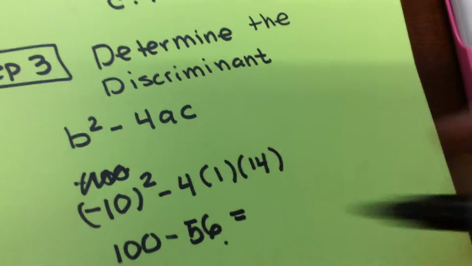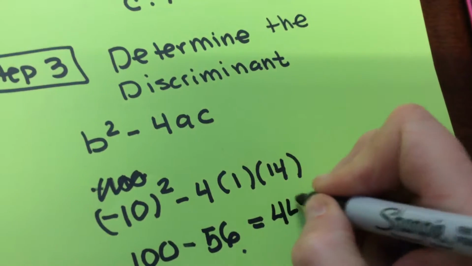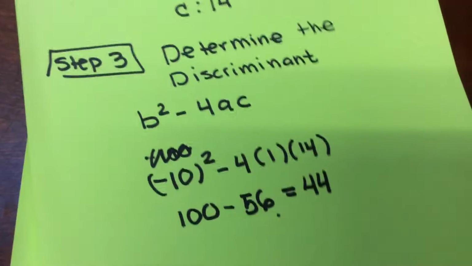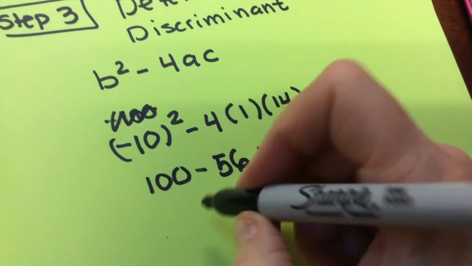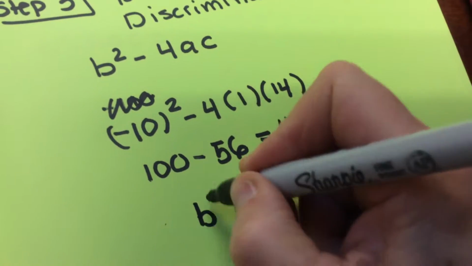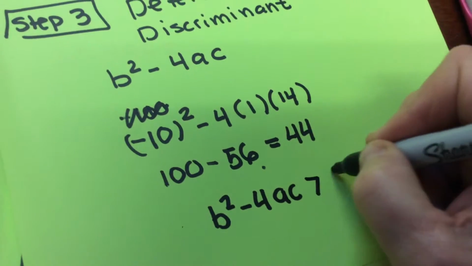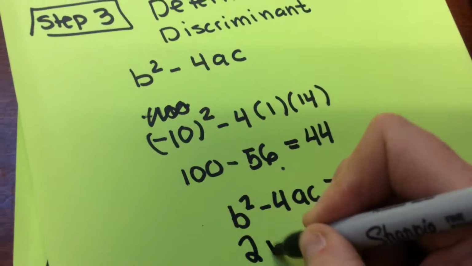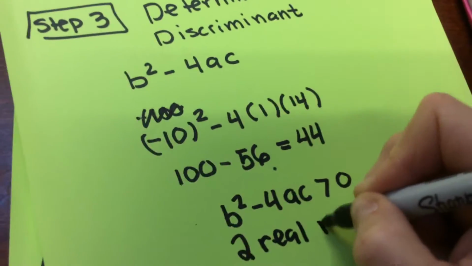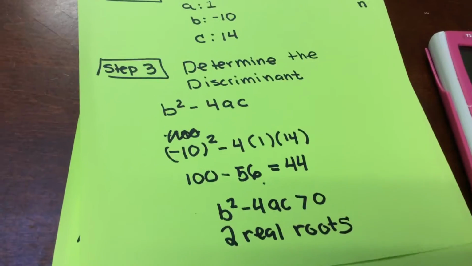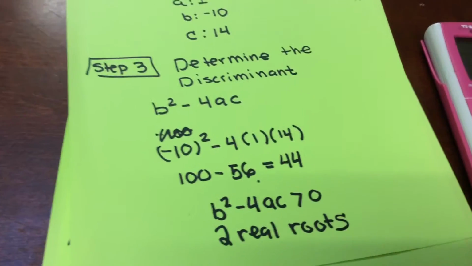And since I have a positive 44, this tells me that I will have 2 real roots. Because b squared minus 4ac is greater than 0, we'll have 2 real roots. So I should not be looking at anything that has an i in here. Okay? So we will have 2 real roots from the discriminant.